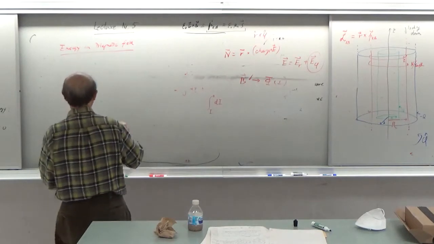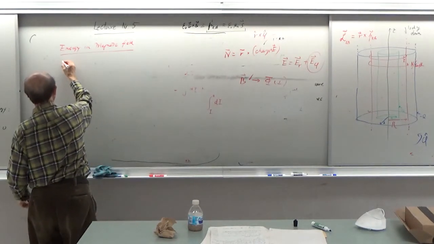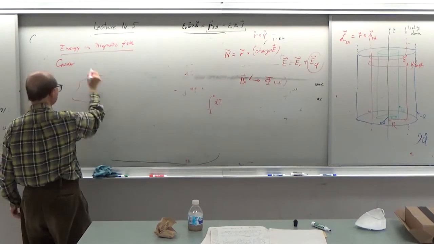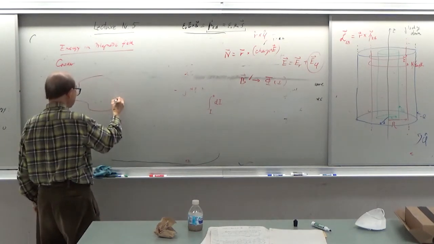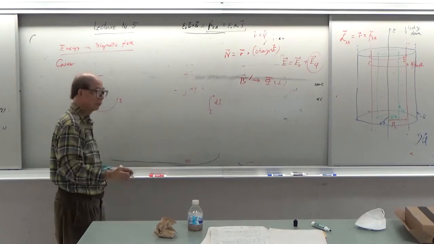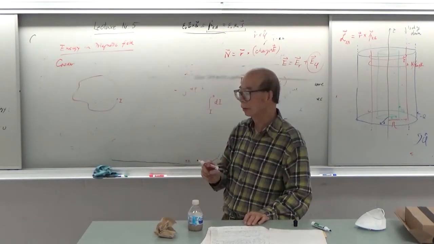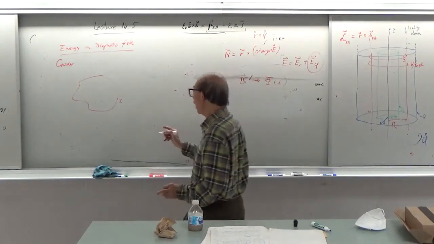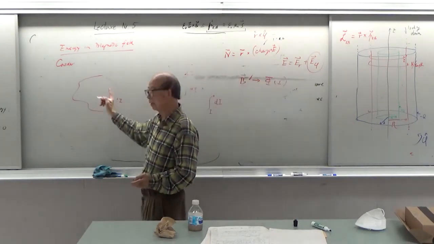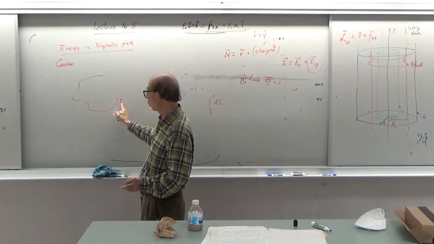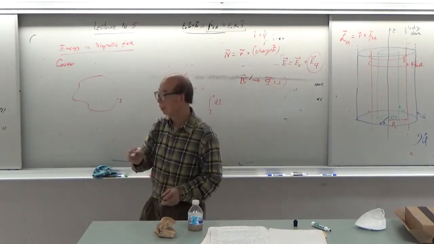Let's consider a certain circuit with a current I running around it. And let's start with the question: how much energy is necessary to have the current I running around the circuit?